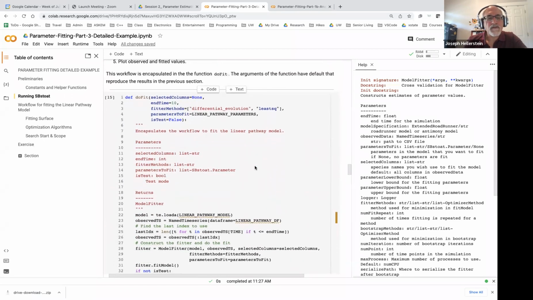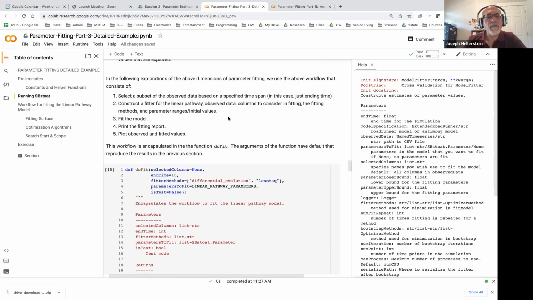And in this last section, for this simple workflow, the strategies are going to vary a lot depending on the problem at hand, the number of parameters, and what you can infer about reasonable settings and starting points.